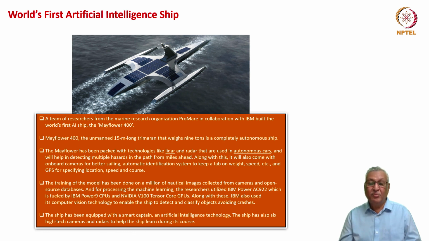Along with this, IBM also used its computer vision technology to enable the ship to detect and classify objects, avoiding crashes. The ship has been equipped with a smart captain and artificial intelligence technology. The ship also has 6 high-tech cameras and radars to help the ship learn during its course. This is artificial intelligence coupled with machine learning.